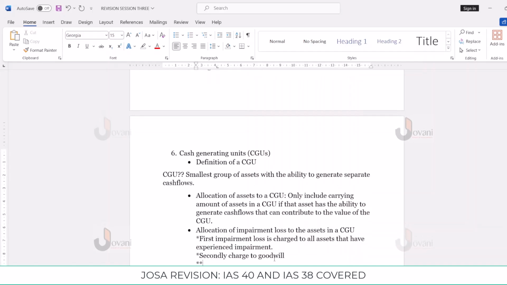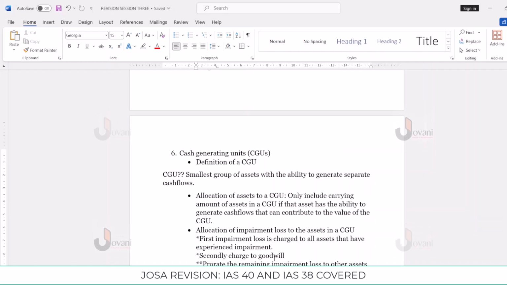Then thirdly, we prorate the remaining impairment loss to other assets in the proportion of their carrying amounts.